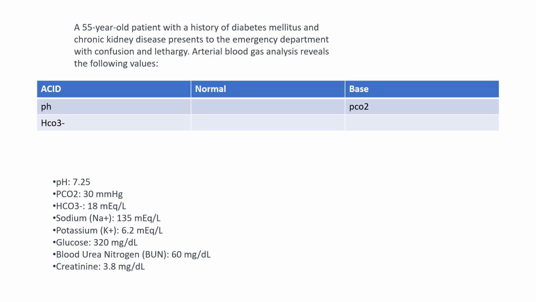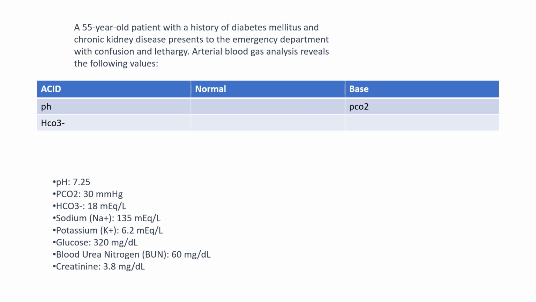A 55-year-old patient with a history of diabetes mellitus and chronic kidney disease presents to the emergency department with confusion and lethargy. Arterial blood gas analysis reveals the following values: pH is 7.25, PCO2 is 30 mmHg, and HCO3 minus is 18 milliequivalents per liter.